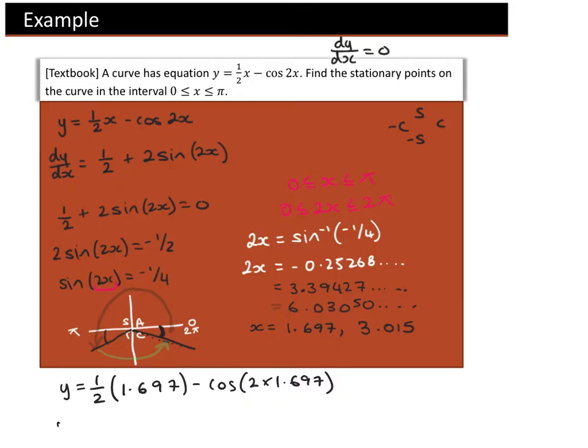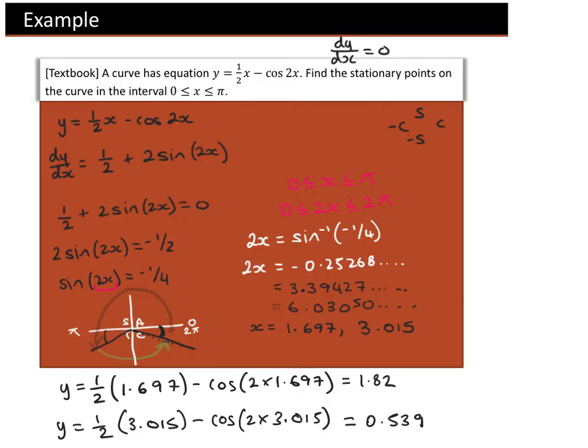We're also going to have y equals a half times 3.015 minus cos of 2 times 3.015. So my y value for the first is 1.82, and my y coordinate for this is 0.539. It's common practice to write down these coordinates.